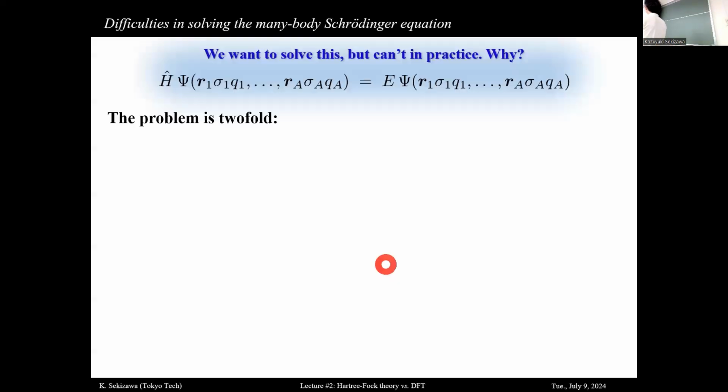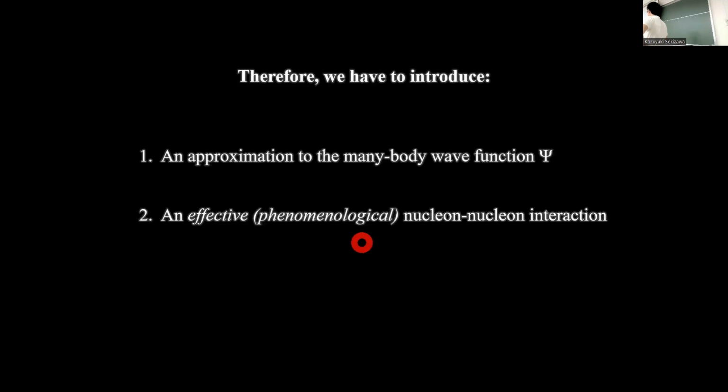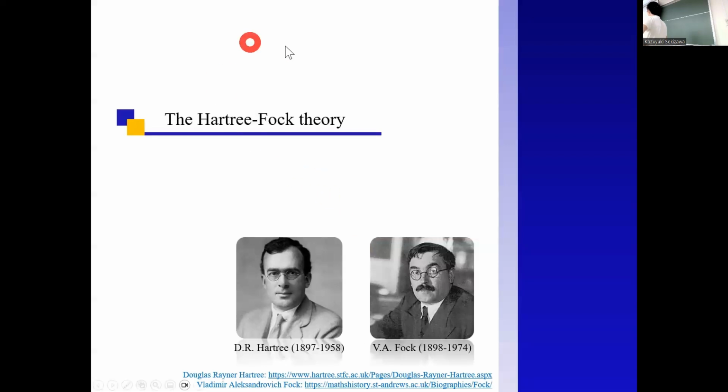Last time I explained that what we'd like to solve is the many-body Schrödinger equation, but it is practically impossible. So we introduced an approximation to the many-body wave function, and that was the Slater determinant. It makes the Hartree-Fock approximation.